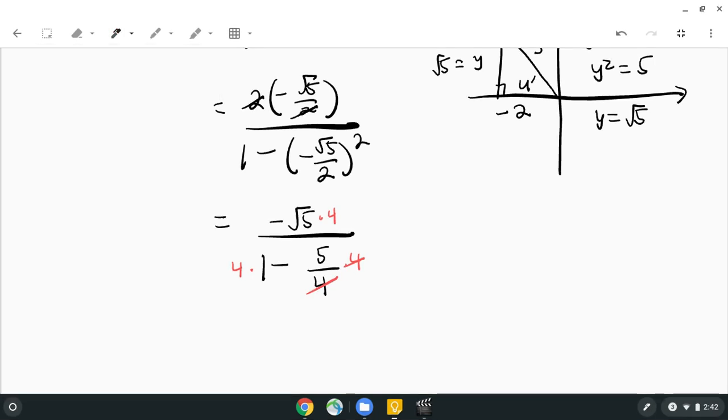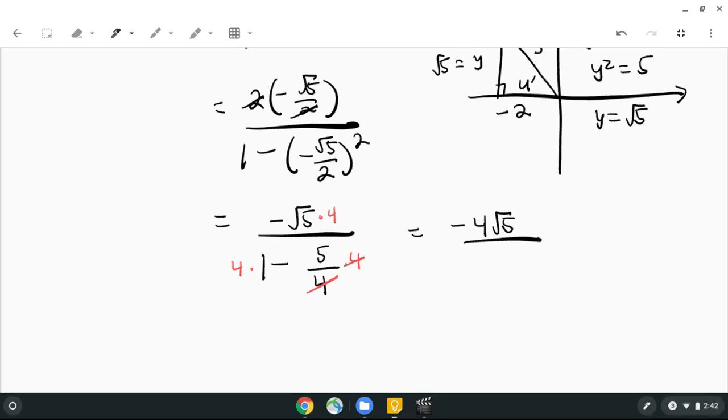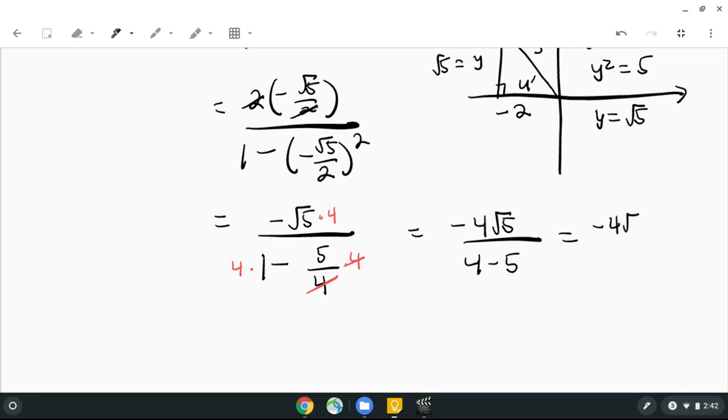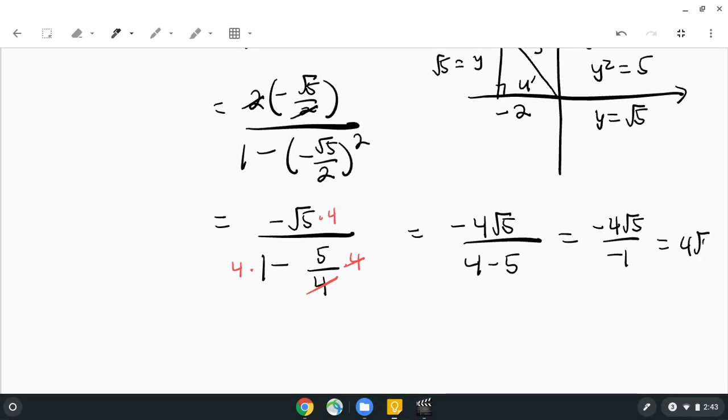Okay, and that will leave me with negative 4 square root 5. And then down below, that will leave me with 4 minus 5, which is negative 1, right? Which is going to leave me with just positive 4 square root 5.